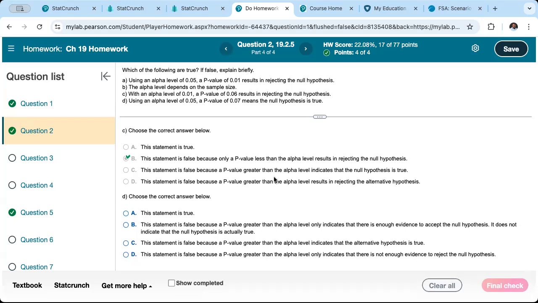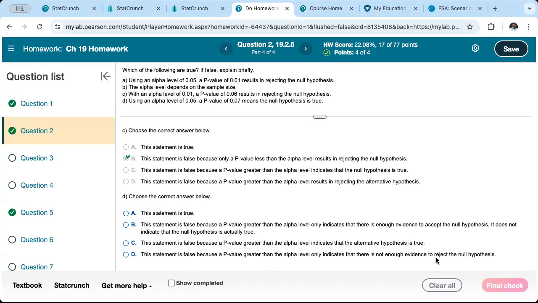So let's see. We can see that the statement is false, because a p-value greater than alpha only indicates that there is not enough evidence to reject the null hypothesis.